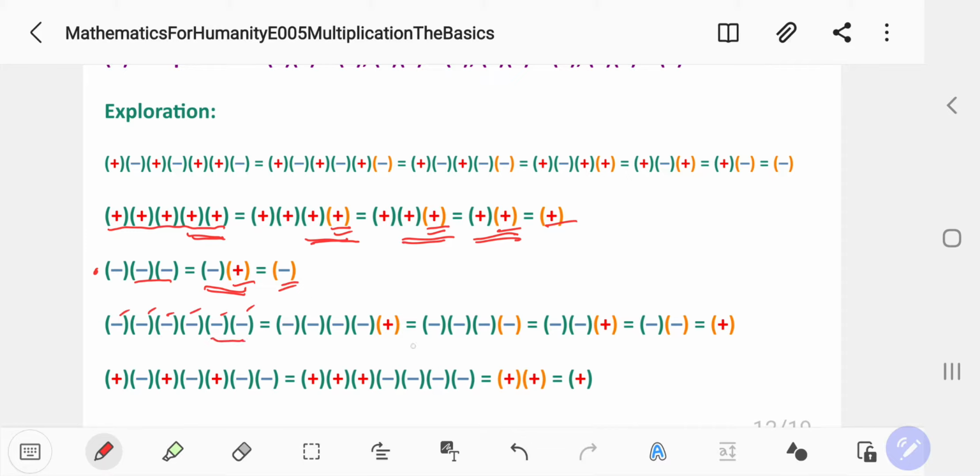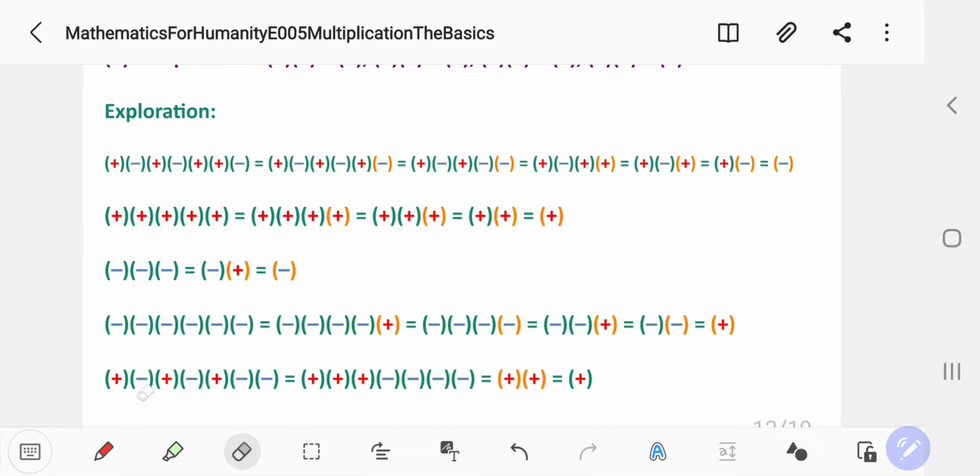So this 2 will result in a positive one, and then this 2 will result in a negative one, and then this 2 will result in a positive one, and then this 2 will result in a negative one, and finally you have negative and negative being multiplied, which results in a positive one. So when you have an even number of negative numbers being multiplied, your final result is a positive number.